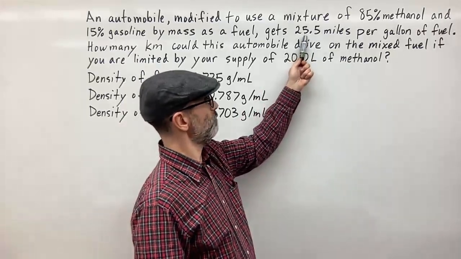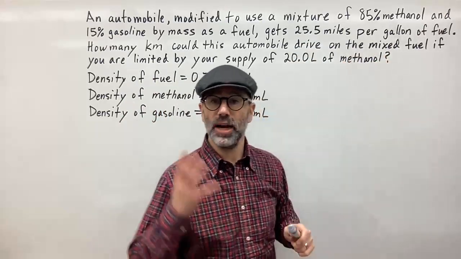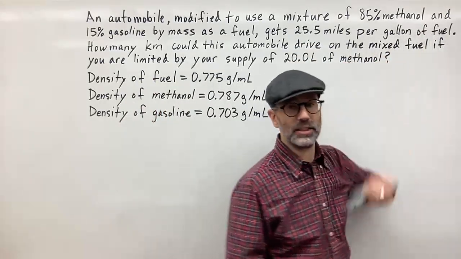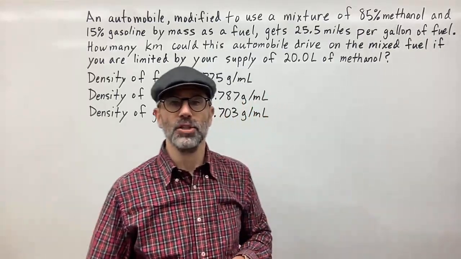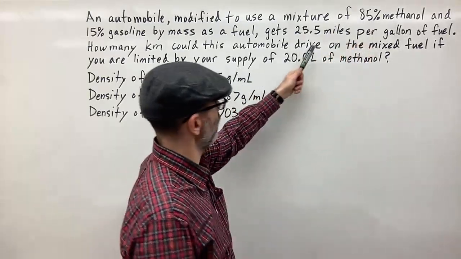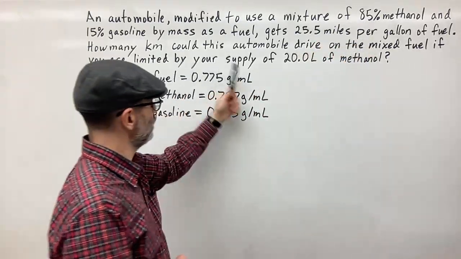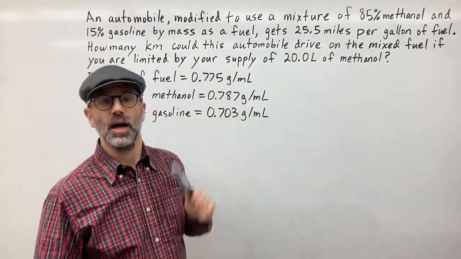They're giving us 25.5 miles per every gallon of what? Every gallon of fuel. That's going to be important to remember. So we've identified our conversion factors: our percentages, our density, and the miles per gallon.